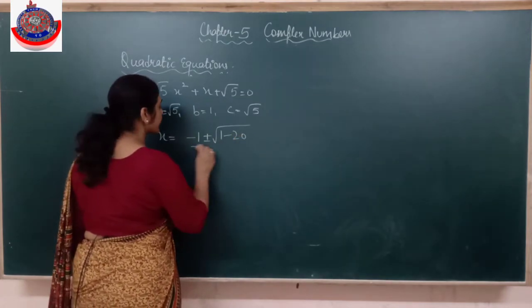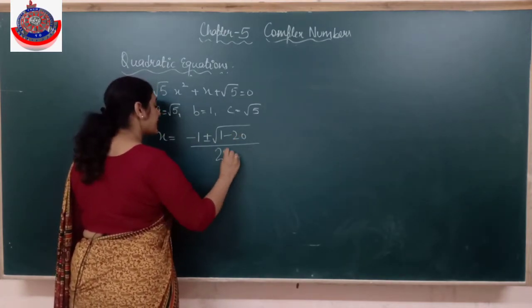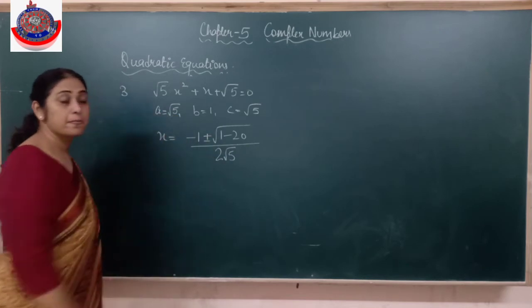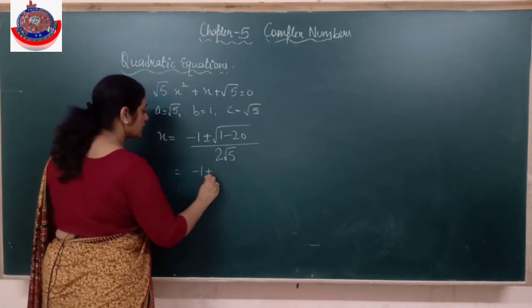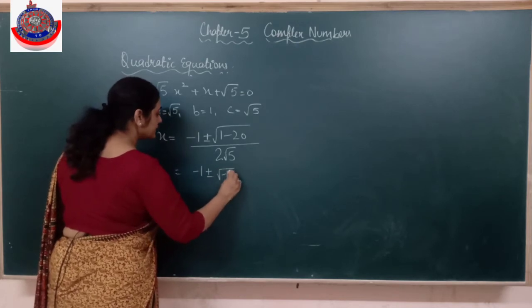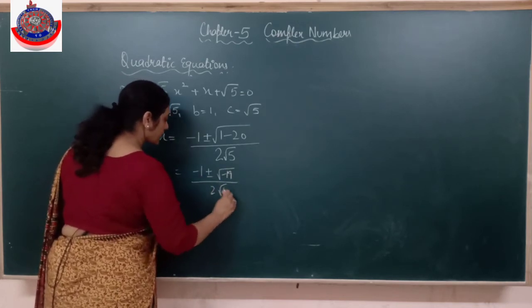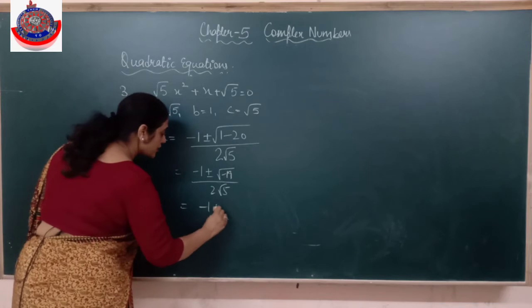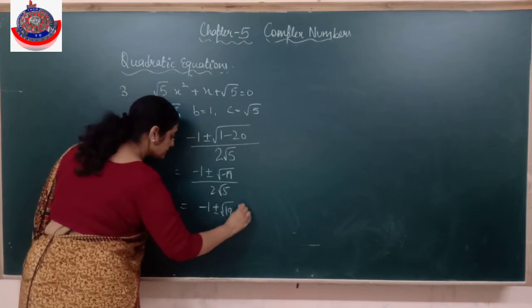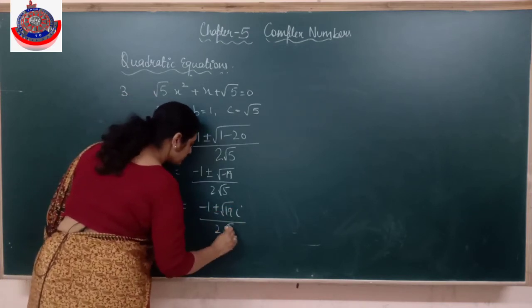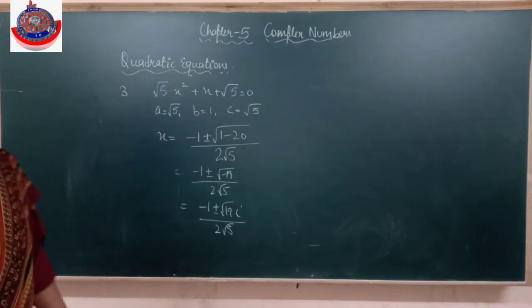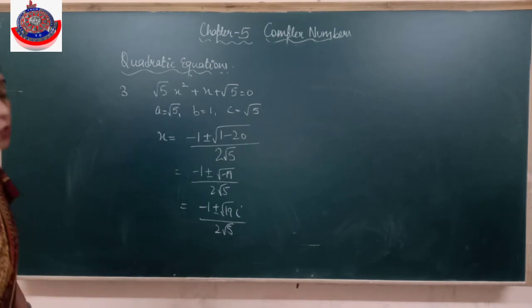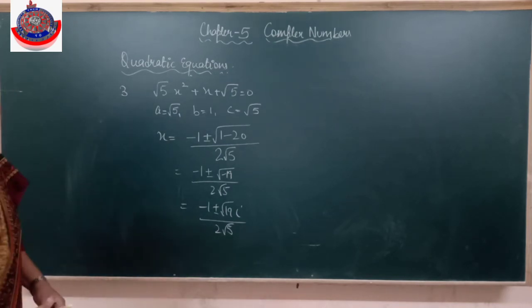You are not small kids that I have to write and show it to you. Divided by 2a. Alright. Under root minus 19, so that will become iota. So that would be the answer. Clear to everyone? Very, very simple. There's no problem at all.